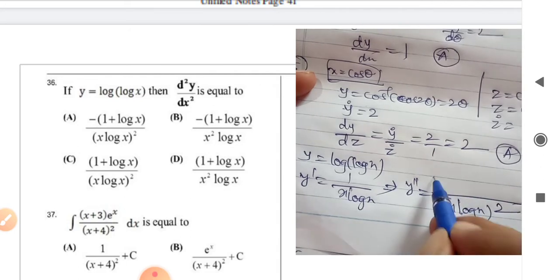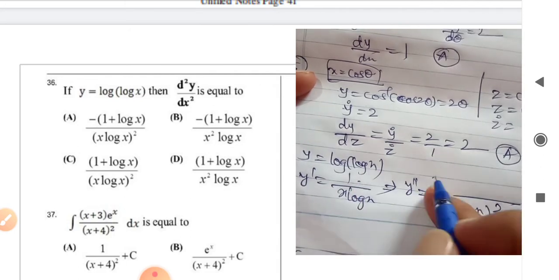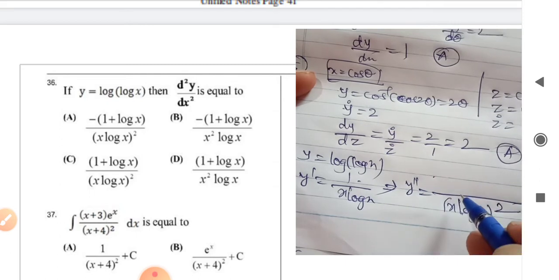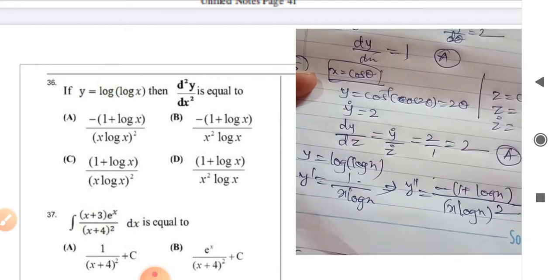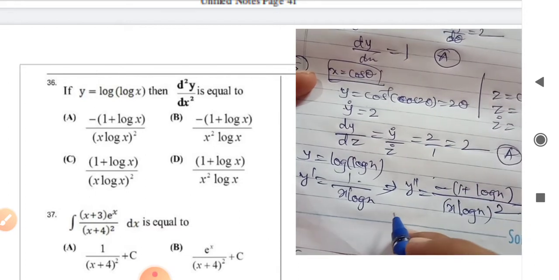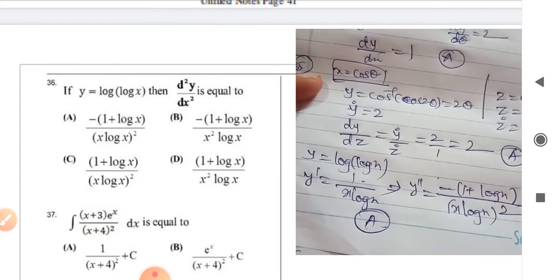If I write this one as it is, derivative of 1 is 0 minus, and then the derivative of x into log x will be 1 plus log x, it is correct. So the answer will be B. 36th answer is not B, sorry, it is A. A option is correct here.